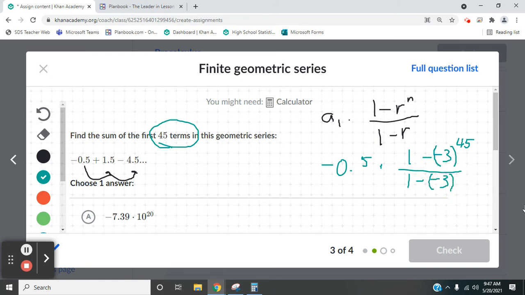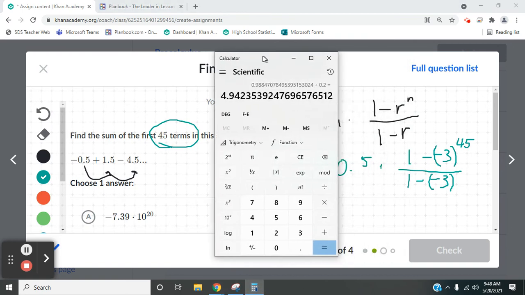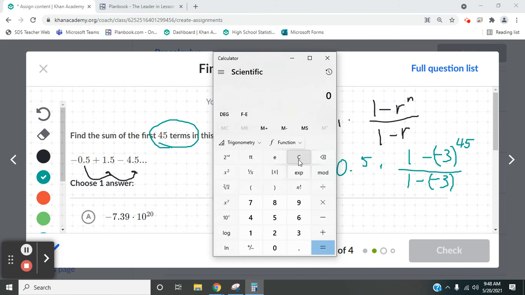Please remember this part on the bottom as well. What happens there? Take a look at the bottom of that fraction. What's that going to be? That's 4. It's not -2, right? A lot of people mix that up. So let's go ahead and compute this. It's the same formula we used the other day, so it's not really a new task. So 1 minus -3 to the 45th.